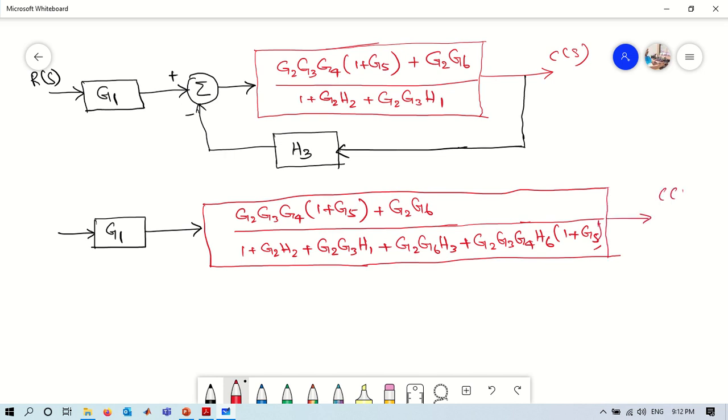So this is C of S and this is R of S. Finally, these two blocks are in series.